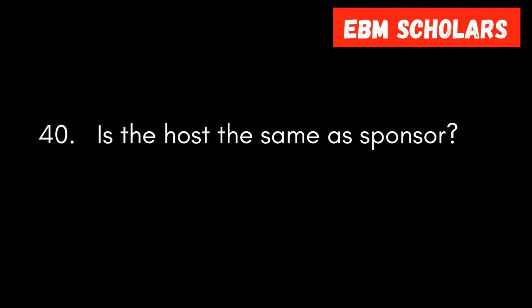The word host is just the address where you are going to stay. In the diversity visa lottery form, the question says: write the address where you will be staying in America. The question doesn't say who is your host in America. The question doesn't say who is your sponsor in America. That is not the question.